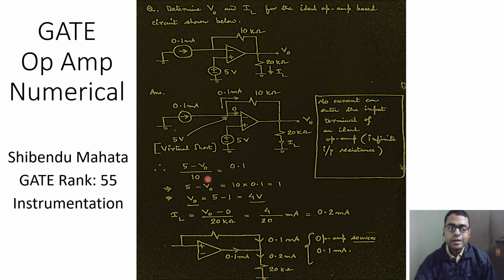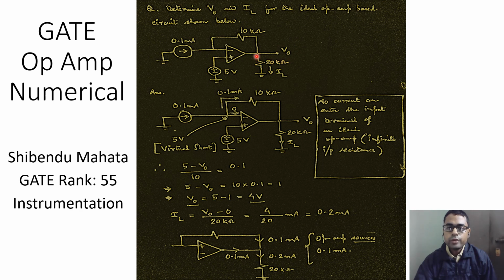Instead of writing kilo ohms and milliamperes, which cancel each other, we can formulate the equation as (5 minus V0) divided by 10 is equal to 0.1. Proceeding with this little algebra, we find that V0 is equal to 4 volts. So the output voltage is equal to 4 volts.